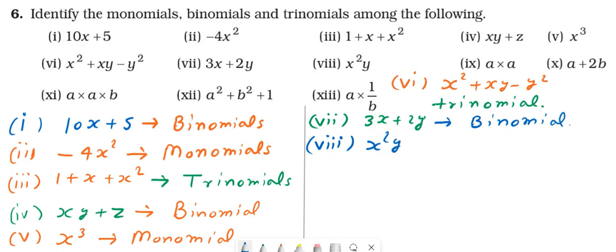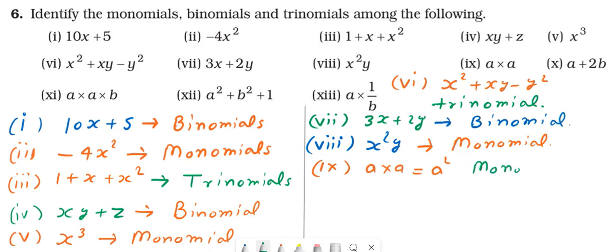This contains only a single term, so monomial. Now beta, ninth. Ninth is a into a. Beta, this is a single term because it can be written as a square. So we will say that it is a monomial.